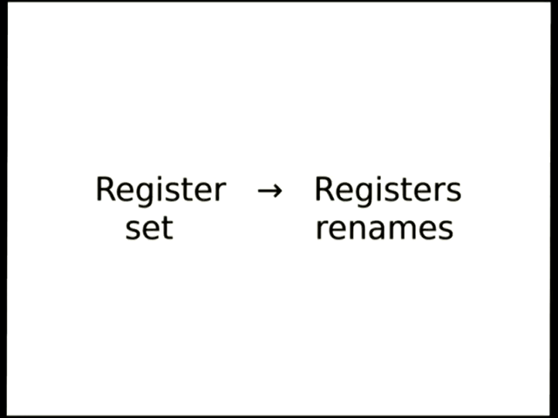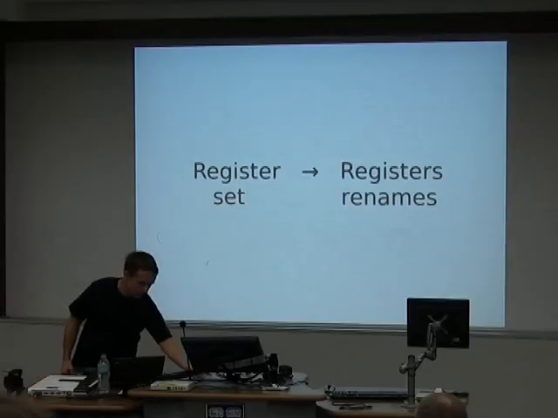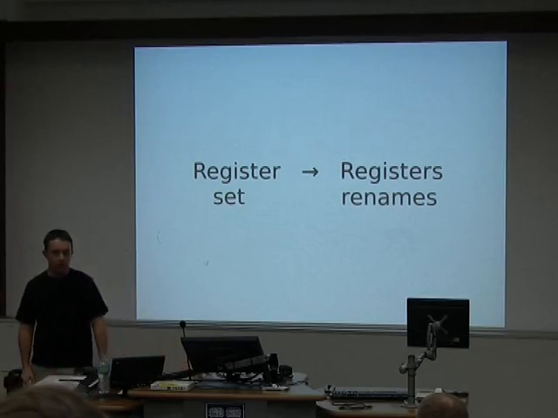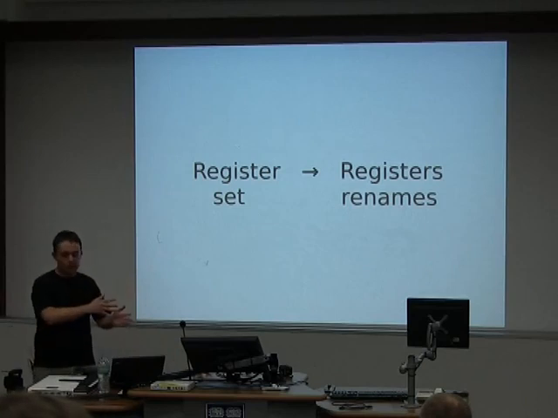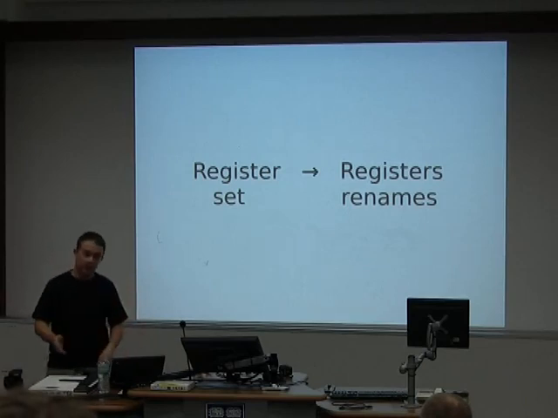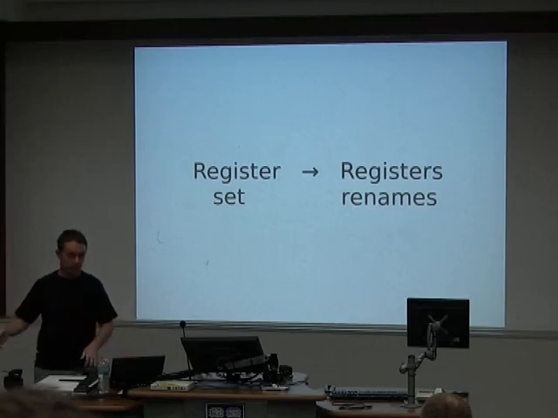Again, this works fairly well with modern superscalar out of order processors, which have register renames. So you have far more physical registers than you do architected registers. And so that means that since you've got far more physical registers, the hardware can just keep those registers around and it doesn't have to worry about it until the end of the transaction. It knows it can go and commit it.